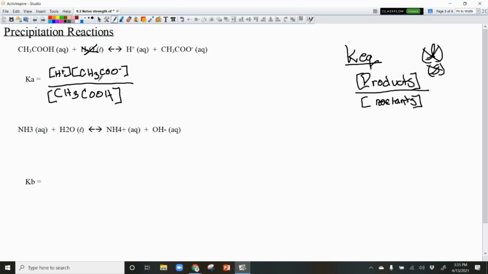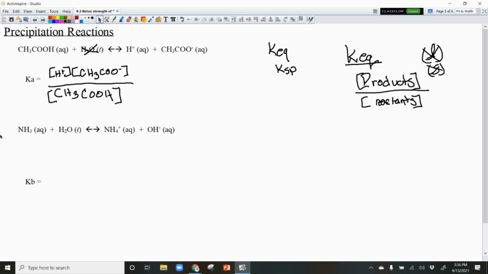Okay, so this is the Ka expression, just like the Keq or the Ksp that we did in our solubility of salts. Same exact thing.